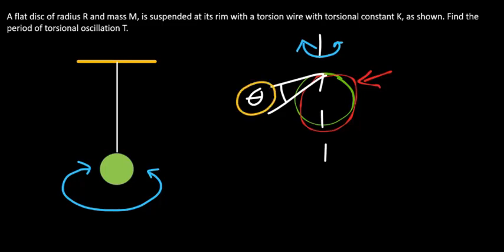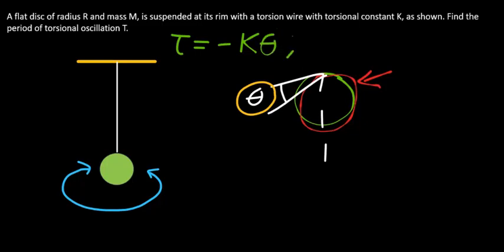So in this case, the simple harmonic motion is characterized by an angular coordinate. And because it involves rotation about that axis, it's natural to talk about torque. In this case, the torque is given by minus the torsional constant K times that angular displacement, theta.